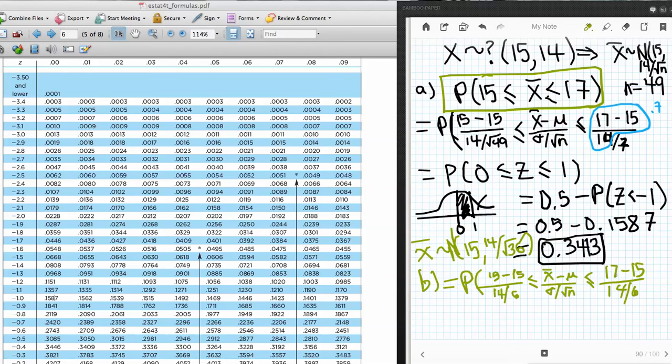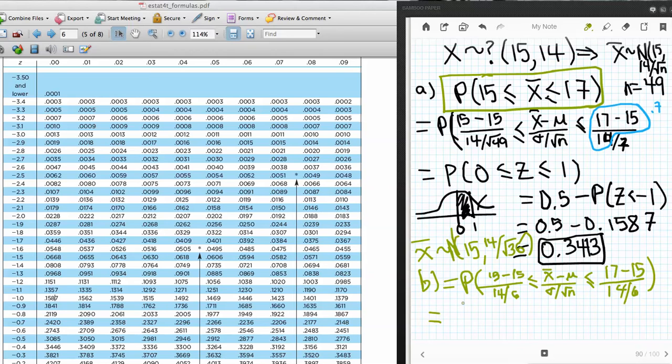In other words, this 17 minus 15 divided by 14 is the same value as up there, and instead of multiplying it times 7, I'm going to end up multiplying it by 6. So my value is not going to be as far out in the tail as it was at 1, and so I'm going to see a smaller value.